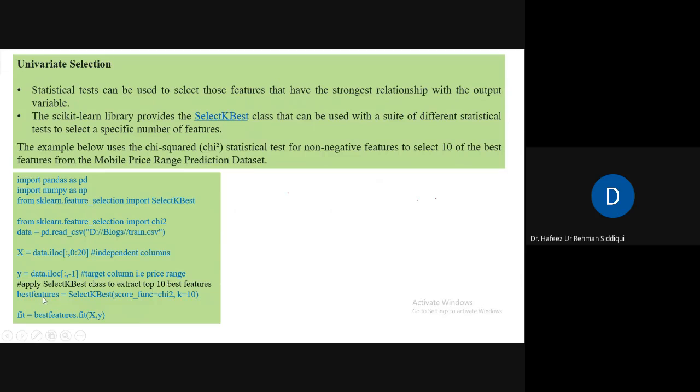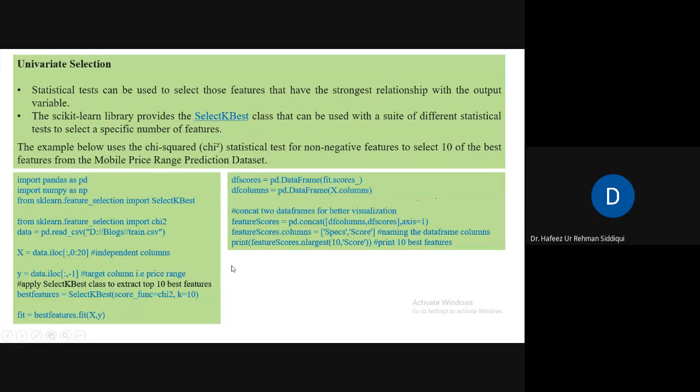So the best features will come here, and you call best feature dot fit, and you just put x values and y values, and at the end you just display them. You will get this. So these are 10 best features, and these are the scores. So you can see RAM has the highest score.